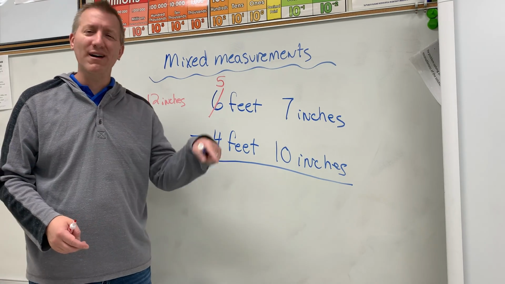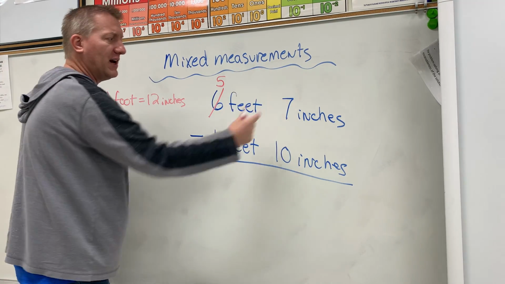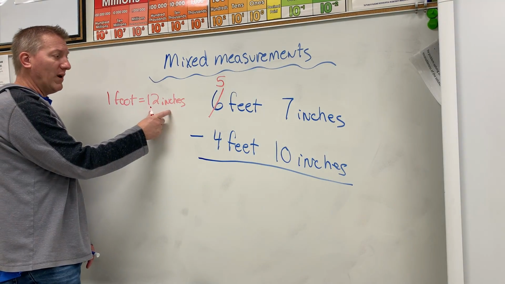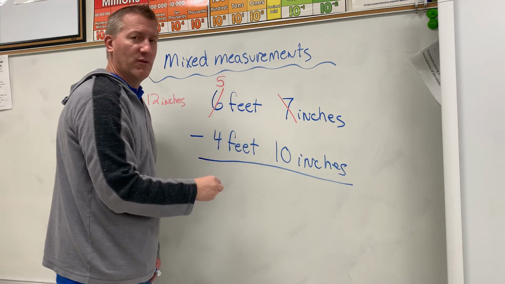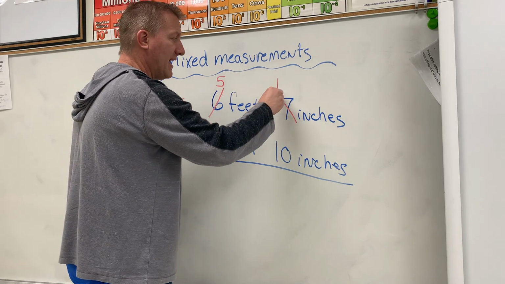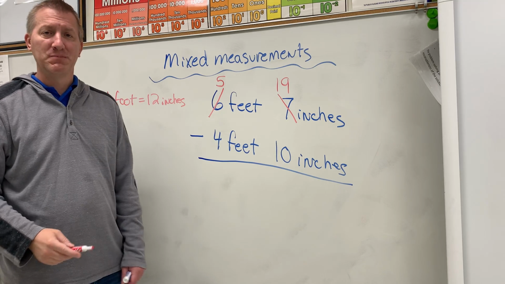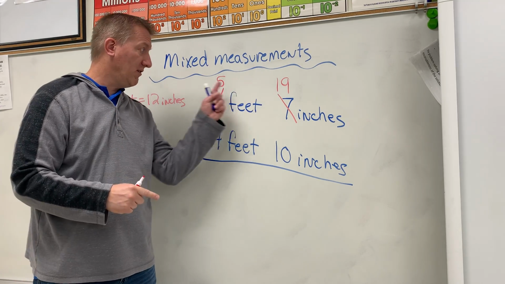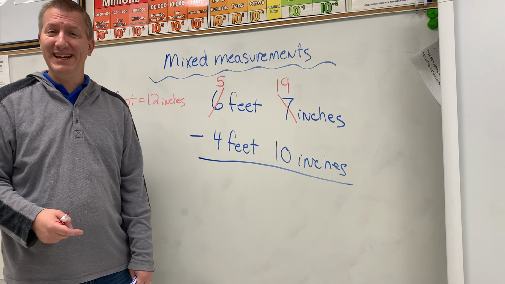Because there's 12 inches in that 1 foot I'm bringing over. So I'm going to bring 12 over. So I'm going to cross out the 7 and I'm going to add 12 to that, which makes 19. 7 plus 12 that I'm bringing over is 19.